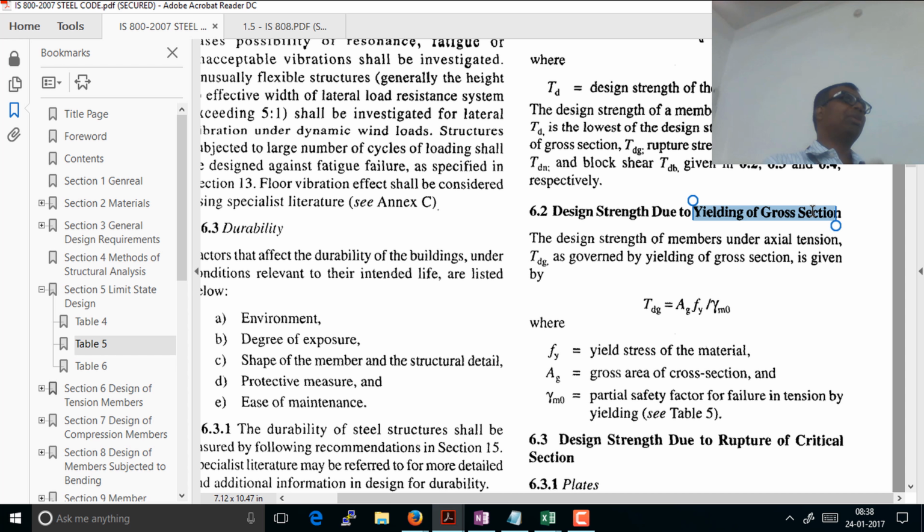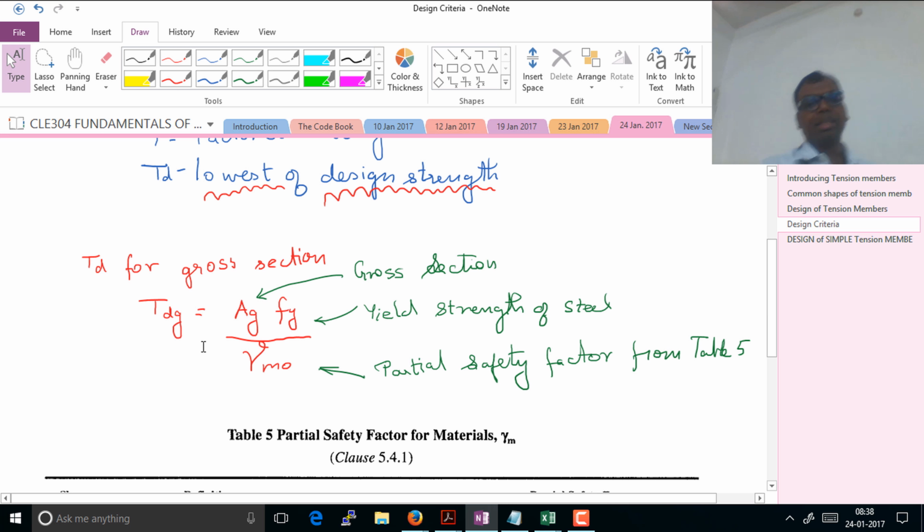Failed because the elongation is much more than what is permitted. So this formula I have repeated here.